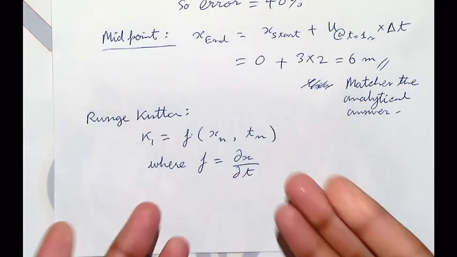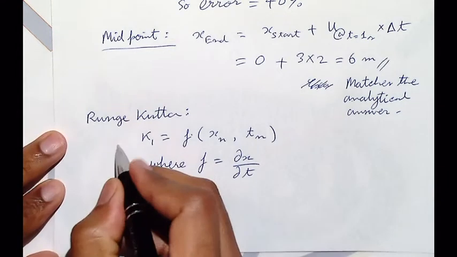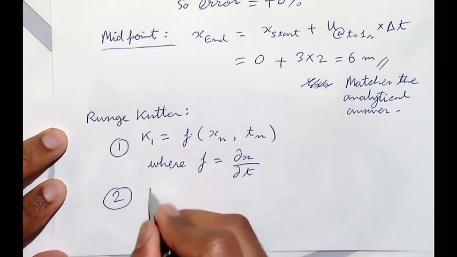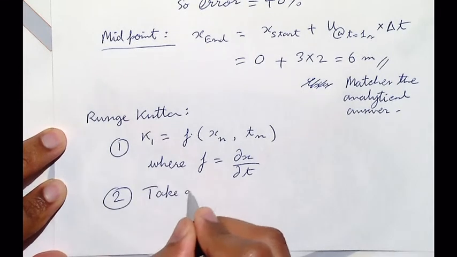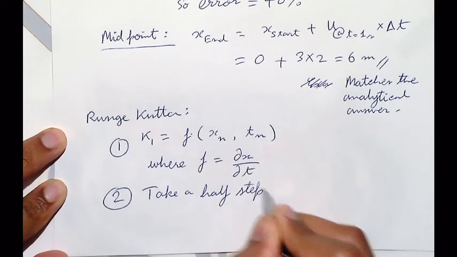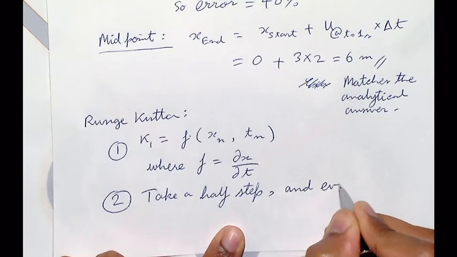So this is my known derivative at the current time, and this is step 1. Step 2 is take a half step and evaluate the derivative again.